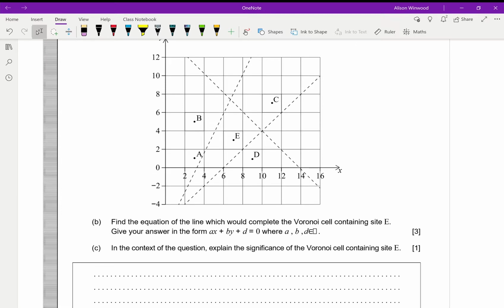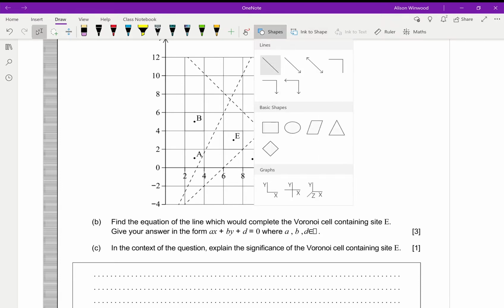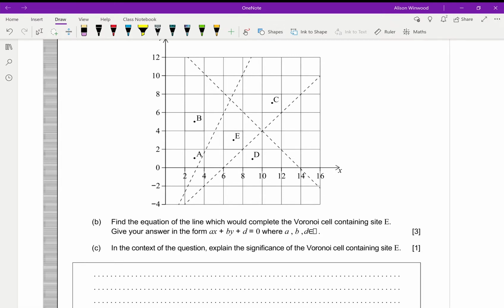To complete the Voronoi diagram, we need the perpendicular bisector of AE. The perpendicular bisector of AE will go something like that. We need to find the equation of that line.